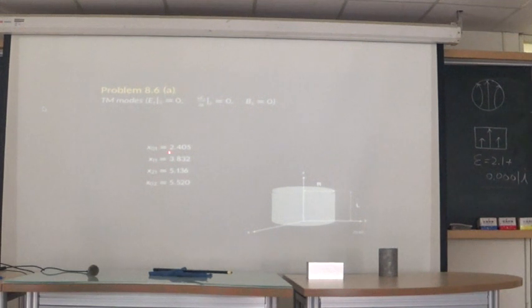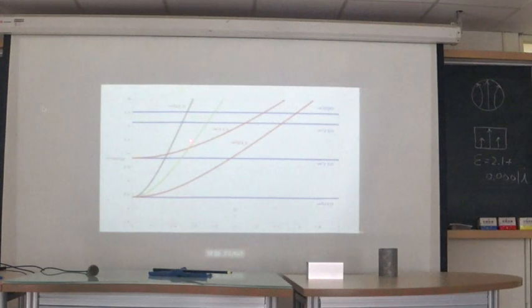After we plug these numbers into the cutoff frequency formula, we can plot this graph. The lowest four frequencies at the beginning are the 01 modes, and as R over L is increased, there will be a crossing here, and then the lowest four modes will change.